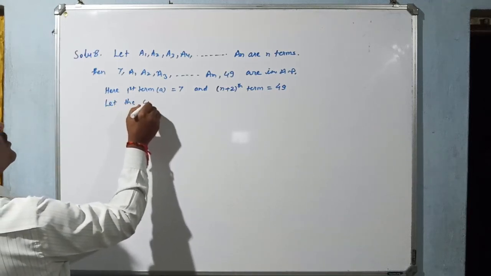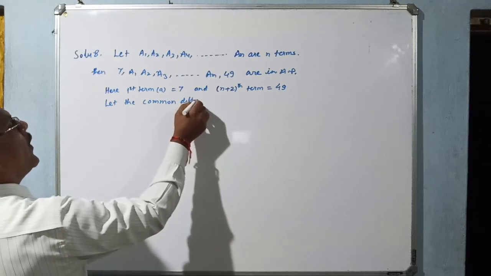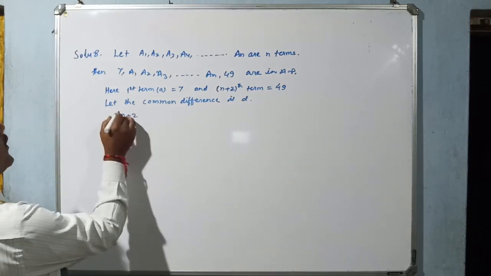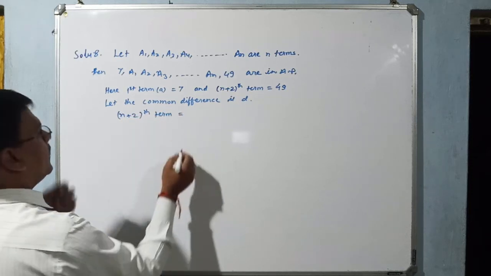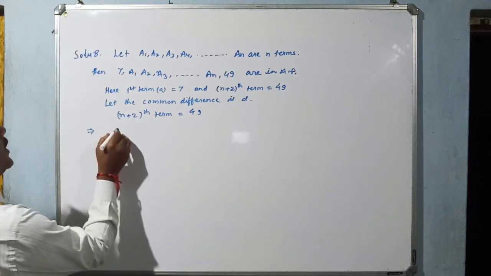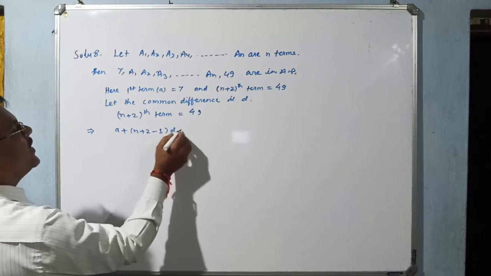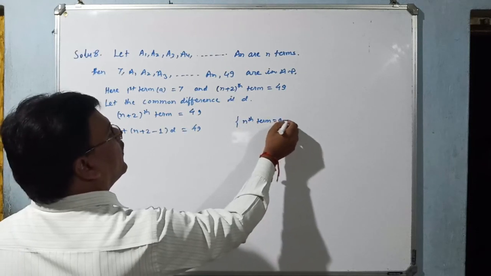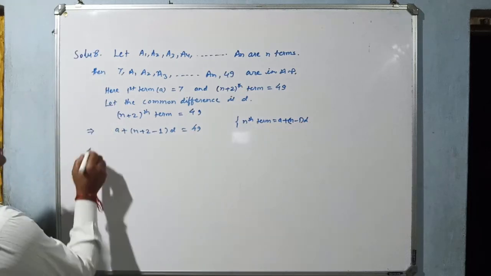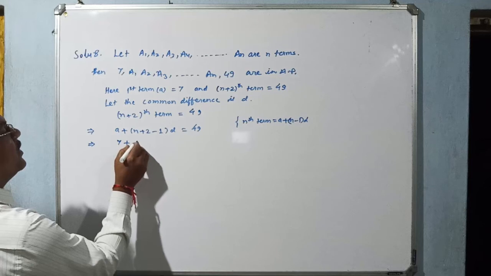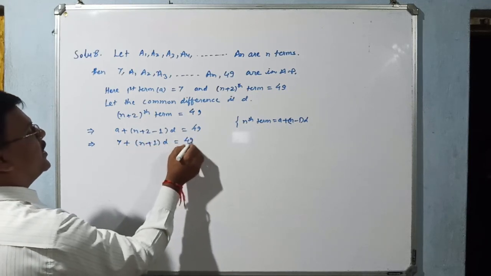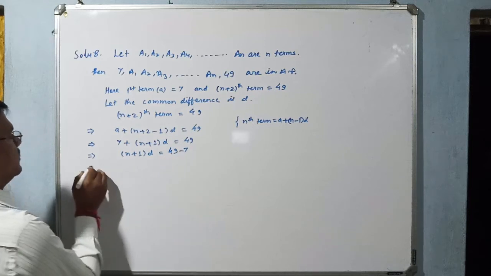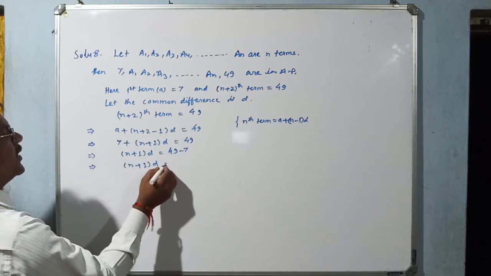Let the common difference be D. a plus n plus 2 minus 1 into D is equal to 49. a is 7, n plus 1 into D is 49 minus 7, n plus 1 into D is 42.